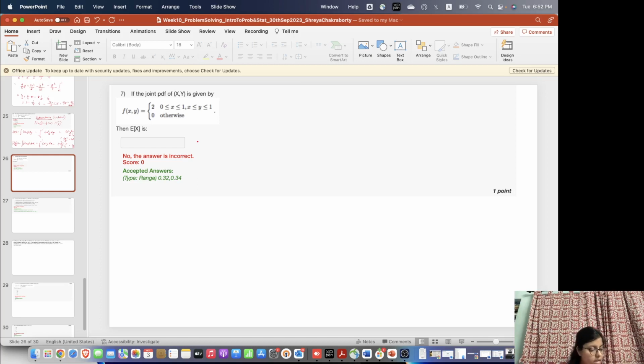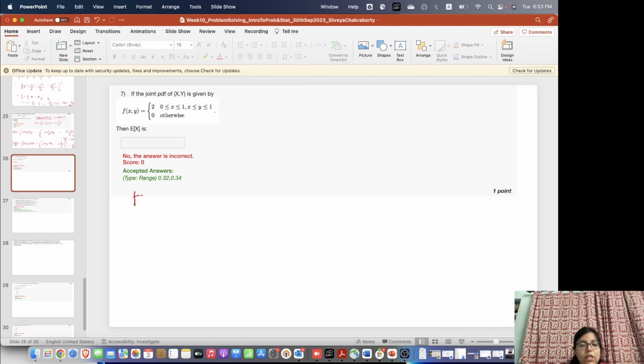This question says that if the joint PDF of x and y is this thing, so fxy is this thing, we have to find the expectation of x.